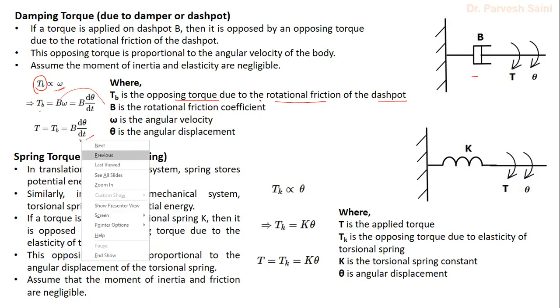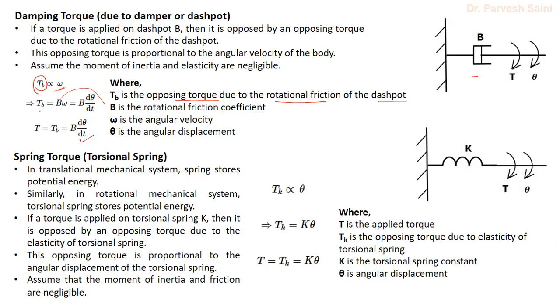We need to remember all these equations because eventually we would be using them to determine the transfer function of the given mechanical system, right? Now, similarly, we have the equations for the torsional spring, and here it is the spring torque that opposes the applied torque on the spring.